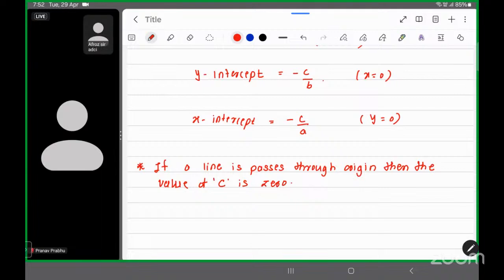That means an equation which doesn't have any constant term always passes through the origin.